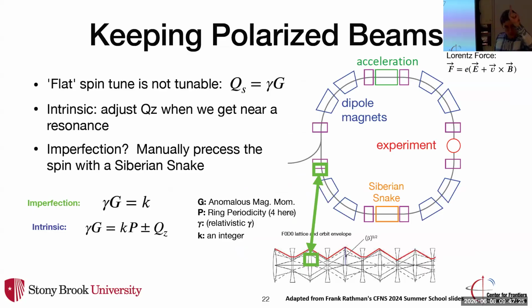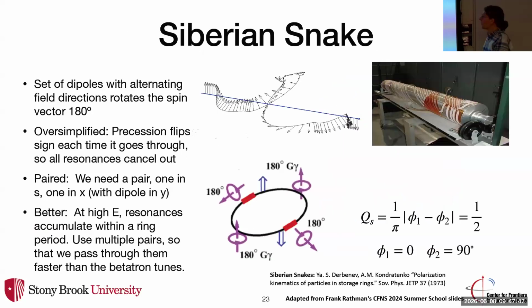We're going to move our polarization vector off from where we want on one pass through this. And then on the next pass, we're going to flip it upside down, and it's going to precess backwards. So it's going to experience all the same depolarizing resonances with the minus sign. So if it goes around twice, it's back where it started. Great. That's not really how it works.